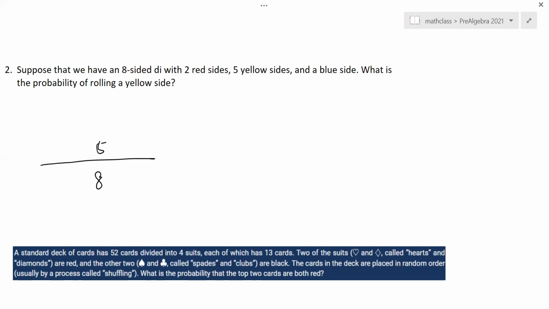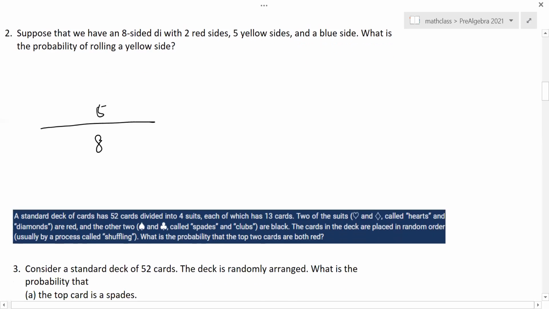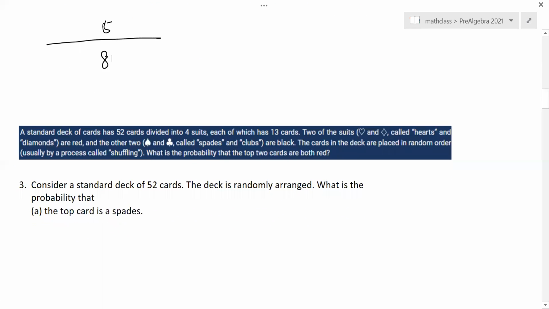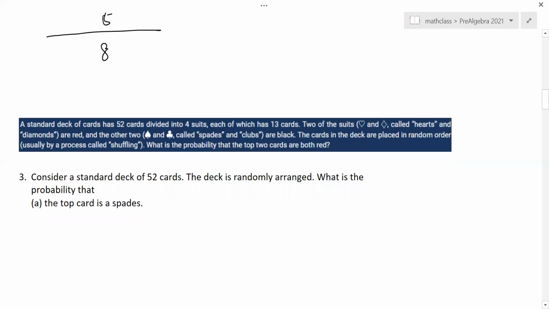We are going to discuss many problems, like what is the probability that the top 2 cards are both red. We don't care about that right now. Let's look at some problems we're going to study here. We consider a standard deck of 52 cards. The deck is randomly arranged.